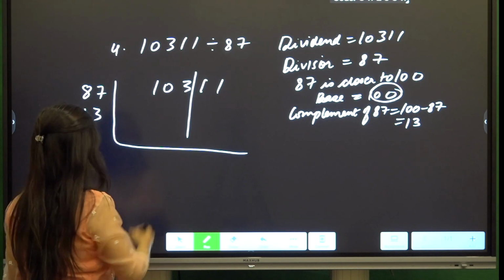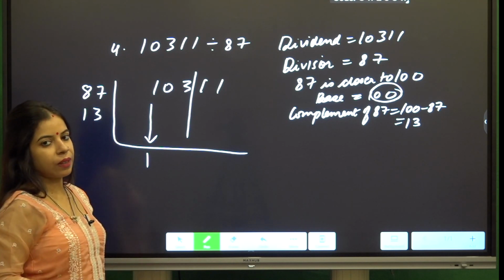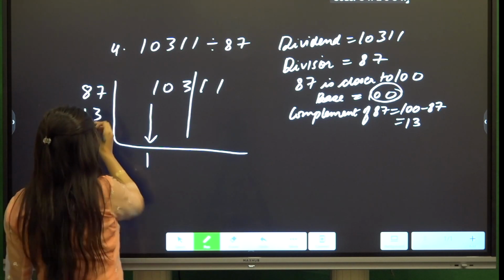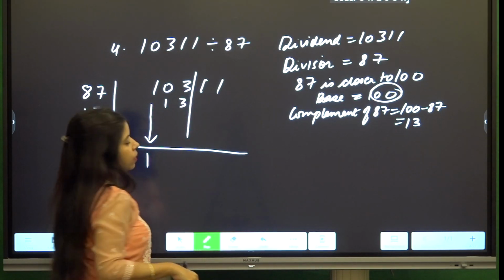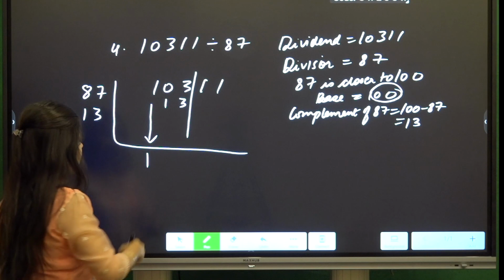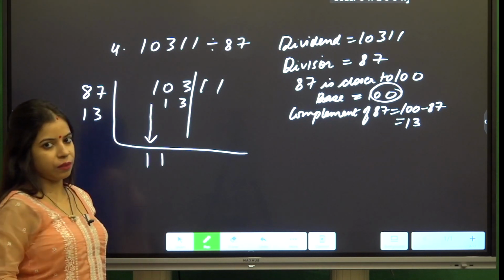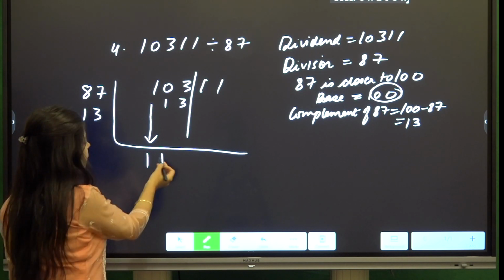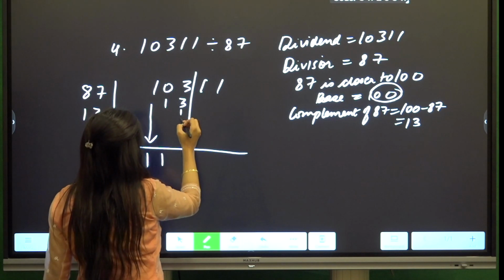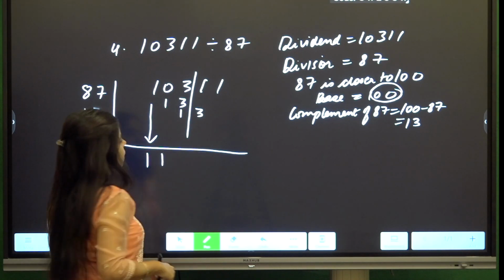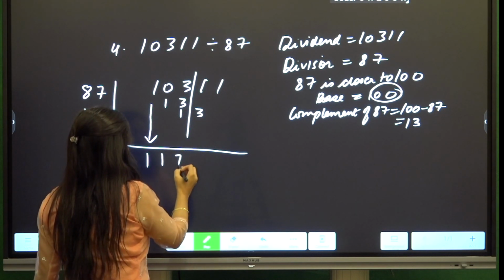So first step is carry down 1 as it is. Next step, multiply 1 with the complement and put this below. So this will become 0 plus 1, 1. For the next step, again multiply 1 with the complement and write it like this. So this will become 3 plus 3 is 6, 6 plus 1 7.